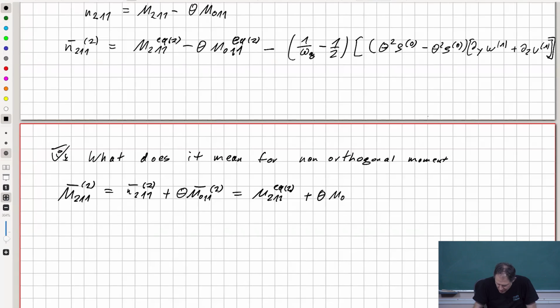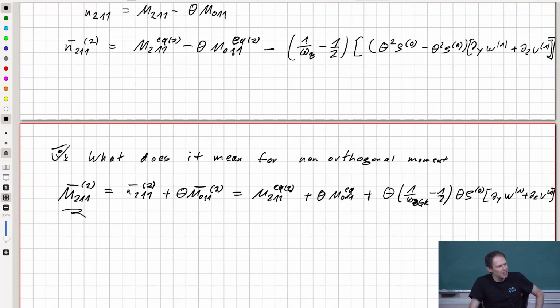So there's M011 equilibrium plus theta, 1 over omega BGK minus 1, and here comes theta again. Okay, this is theta squared, theta times theta, dy w1 plus dz v1.